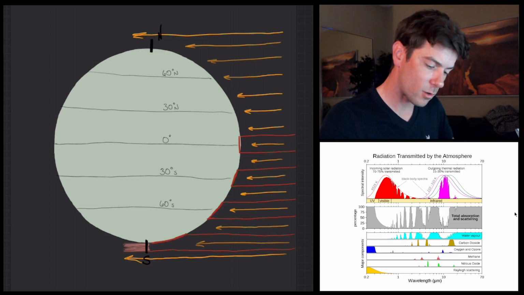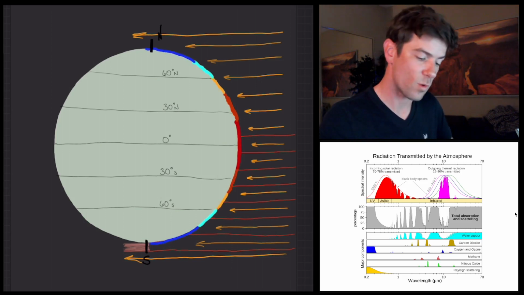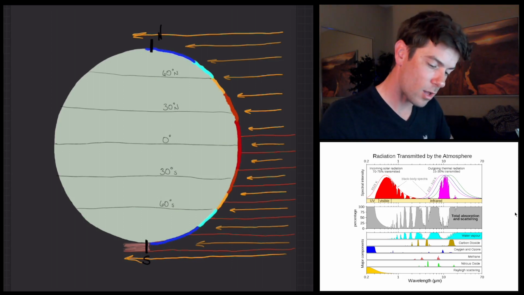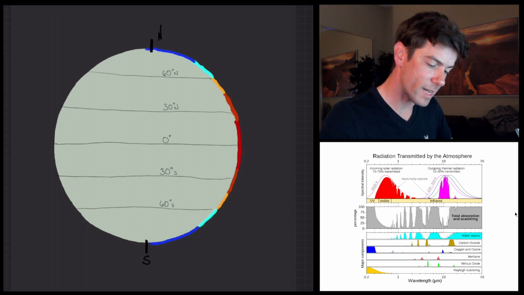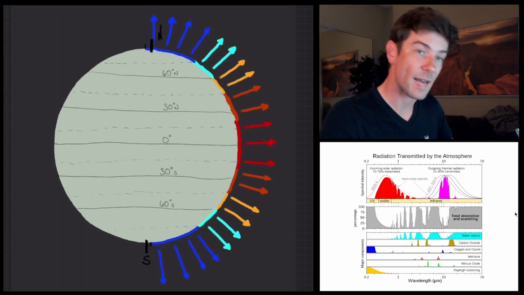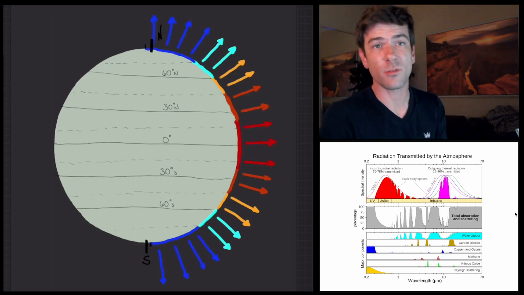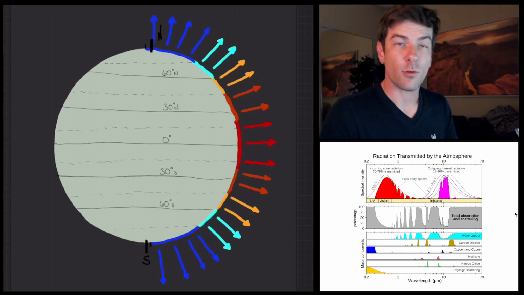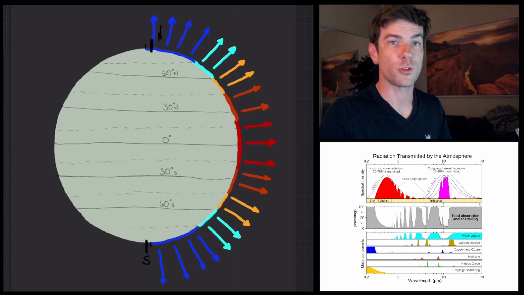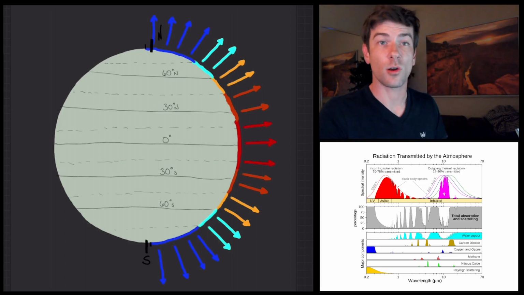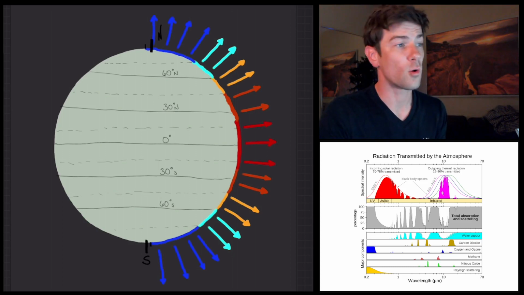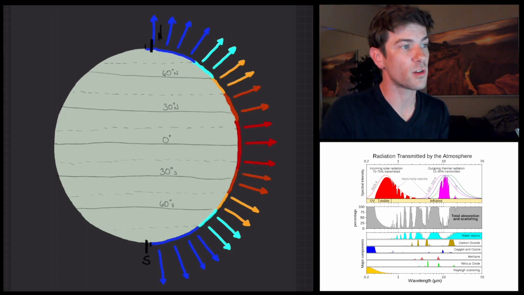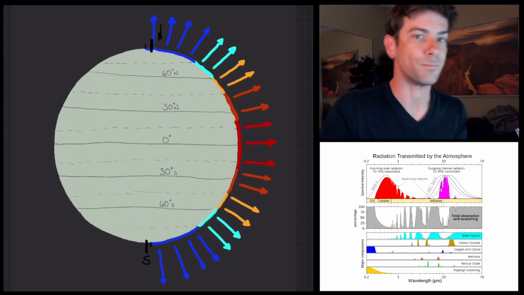As a result, the Earth's surface has different temperatures as you move away. And because all objects in the universe emit radiation at a wavelength that is inversely proportional to their temperature, the Earth is emitting infrared radiation according to its temperature. As you move away from the equator, that becomes longer and longer wavelength because it's lower and lower energy radiation. But it's all out here in the infrared.